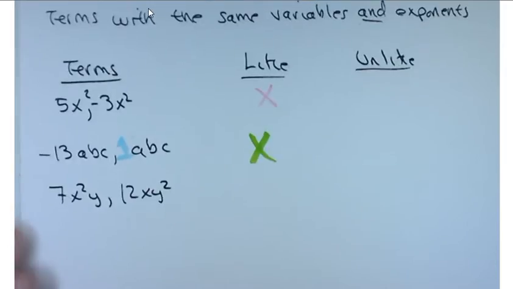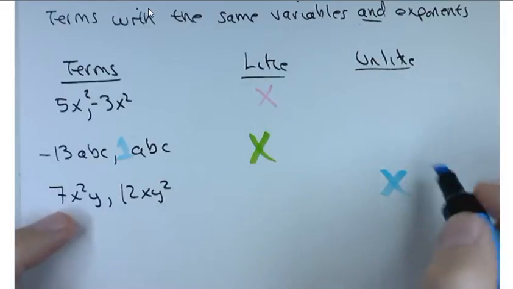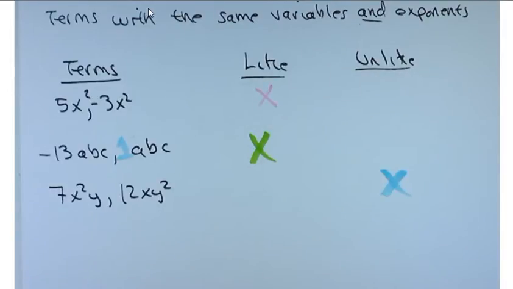Like or unlike? Unlike. So I think you're getting the pattern here. They have to have the same variables and exponents. Now the nice thing about like terms is that you can combine them. You can add them together.